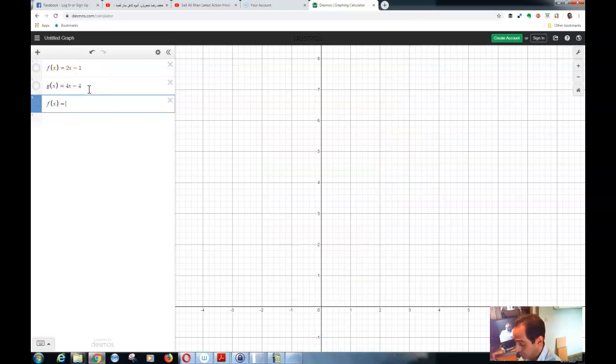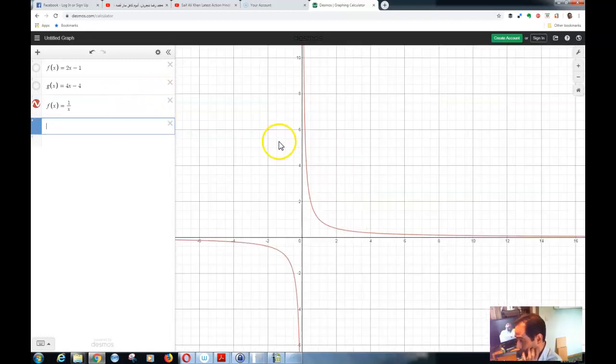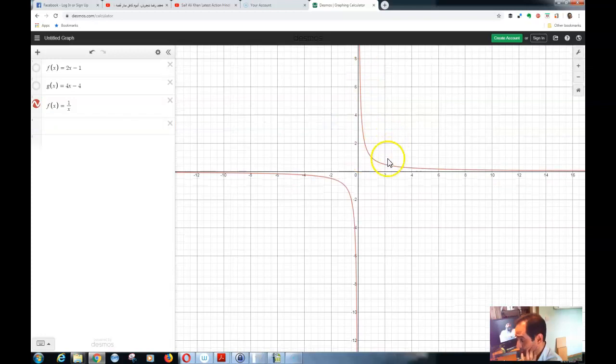If you have f of x is equal to 1 divided by x, we can see that the function is basically something like this, meaning that the x-axis and the y-axis are both the horizontal and the vertical asymptotes of the function.